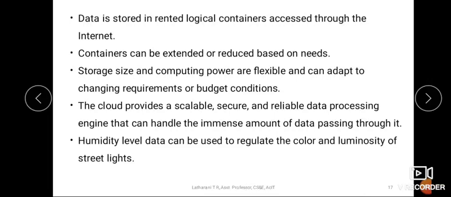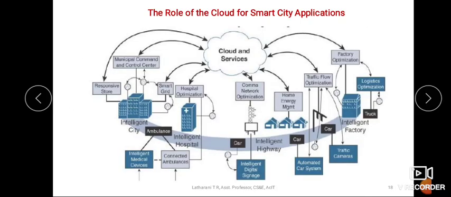Maybe at 7 o'clock it becomes darker and then street lights may be on. But in winter days will be shorter. By 6 o'clock itself the day will be dark, right? So at 6 o'clock the street lights can be switched on. So based on the humidity level you can regulate the luminosity of street lights. So this is the role of cloud for smart city applications.